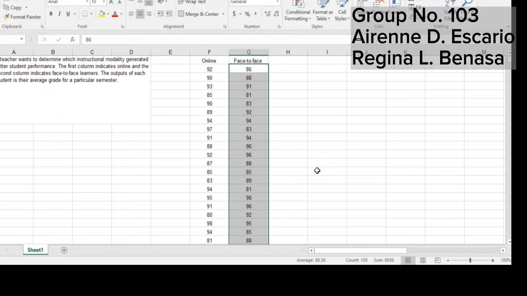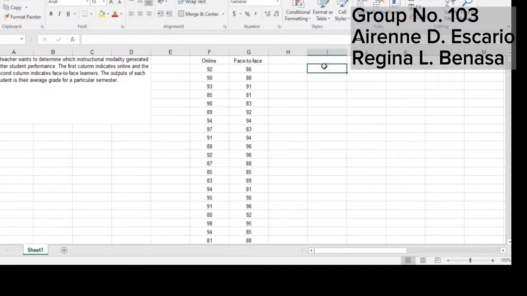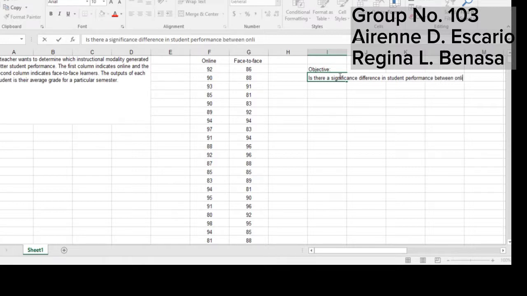So we have now the basic assumption that we can use the t-test for independent samples. For this dataset, our objective is: is there a significant difference in student performance between online and face-to-face instructional medium?